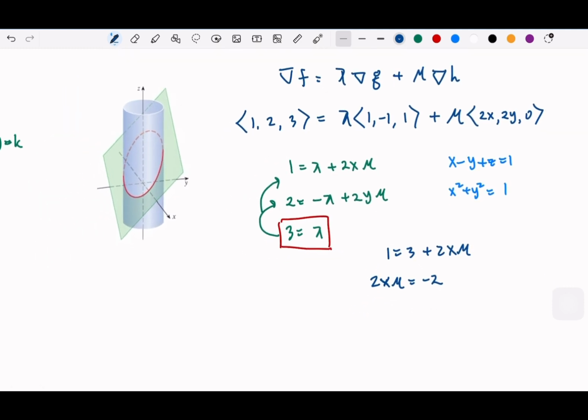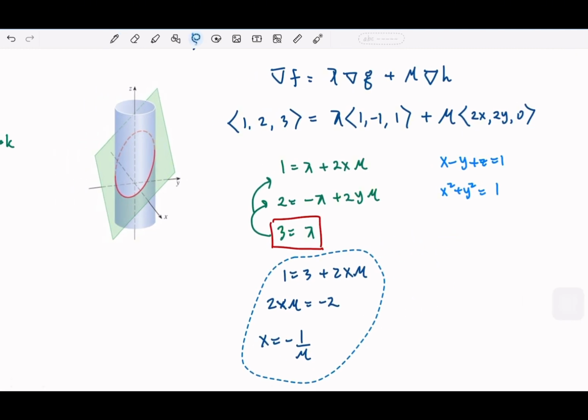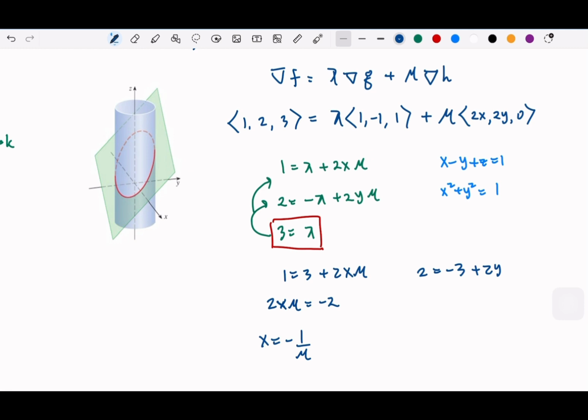So x is negative 1 over mu. And similarly for y, 2 equals negative 3 plus 2y mu.